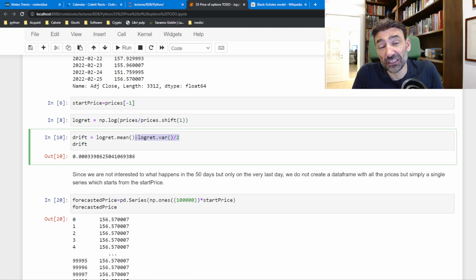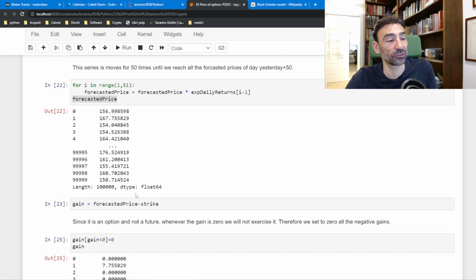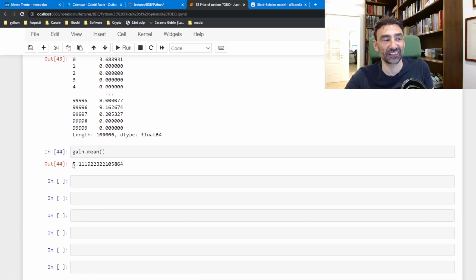This could make sense if you are forecasting the price of a stock because you want to buy it, but not too much if you are forecasting the price of a call option. For sure it doesn't make sense for a put option, because in order to stay on the safe side for a put option you would have to put a minus. So while forecasting options, I would not put this part here, especially because you arrive at an ideal price which is much lower than the ideal price we arrived at using the real data.